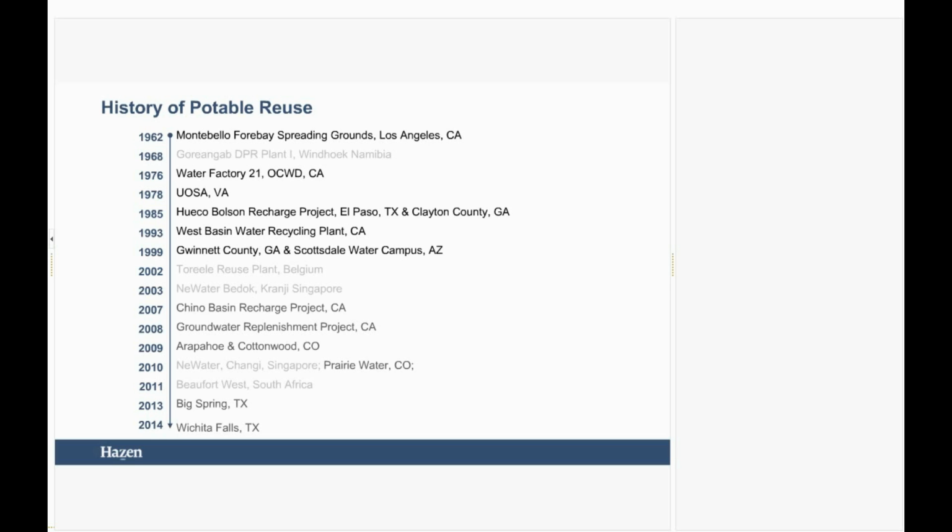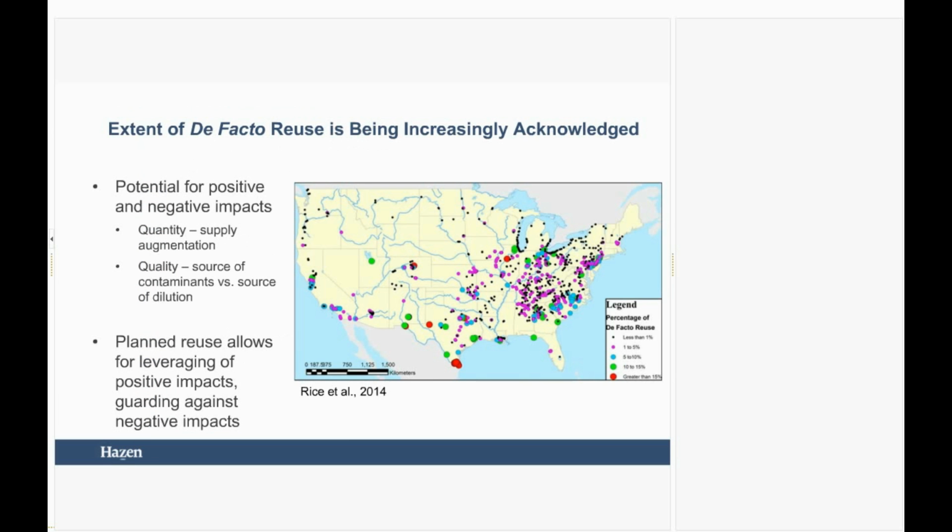And the elephant in the room when we talk about potable reuse, of course, in any country, particularly in Australia and also the United States, is that of the de facto reuse. There's lots of cities and towns of quite some size in the United States that live downstream of some of the major waterways, and so there's becoming an increasing acknowledgement that de facto reuse has been occurring for some time in the country already.